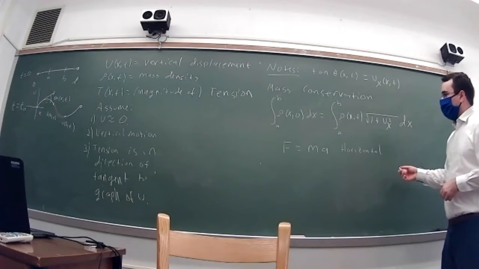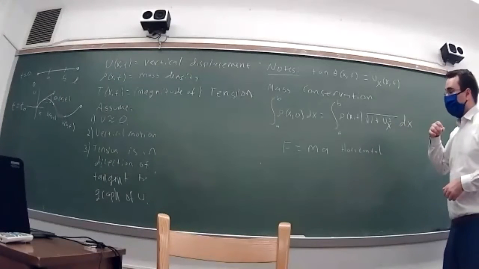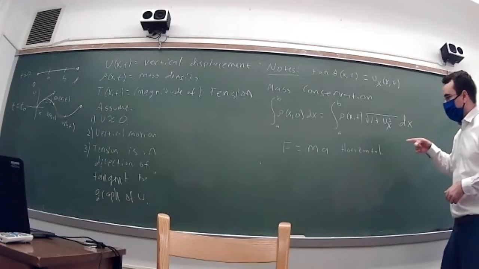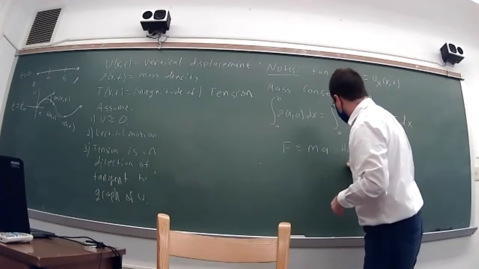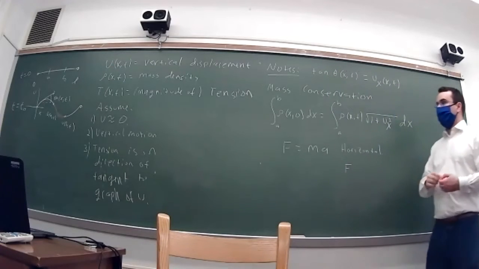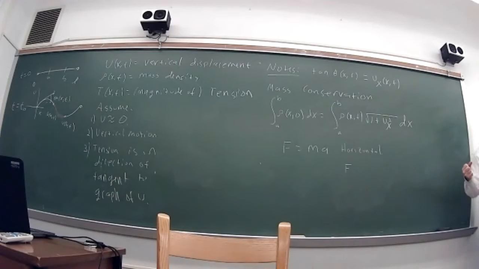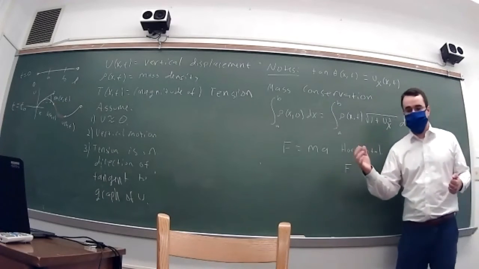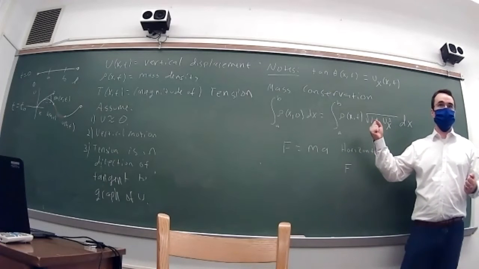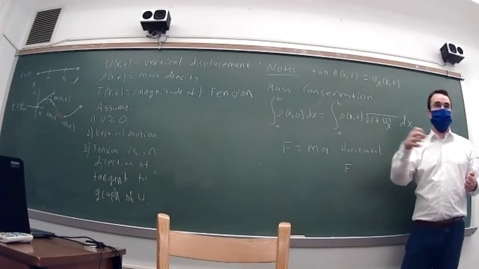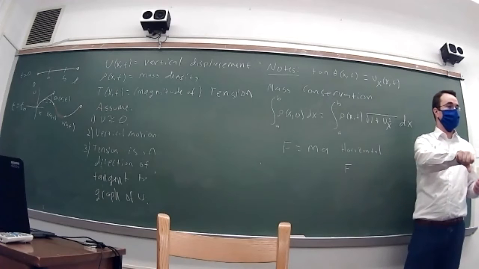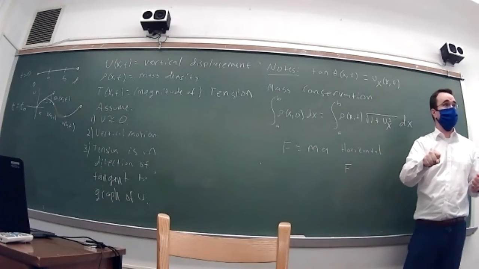So if I look at the total force on the string at any particular time t in the horizontal direction, that's going to be force that's coming from the right endpoint, minus force that's coming from the left endpoint.